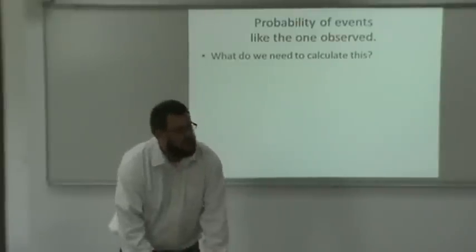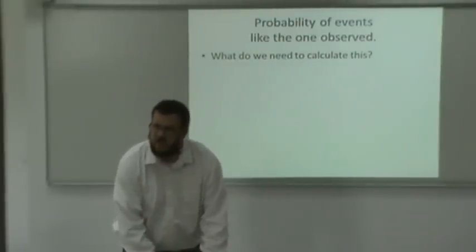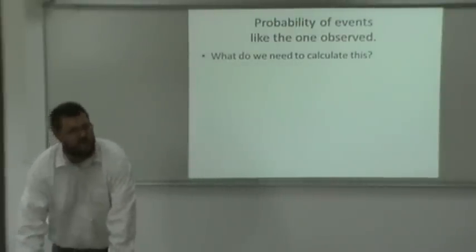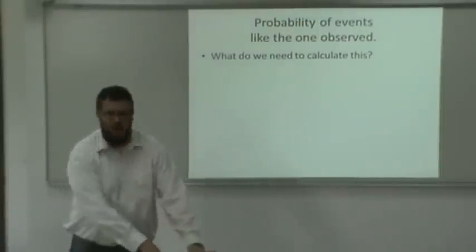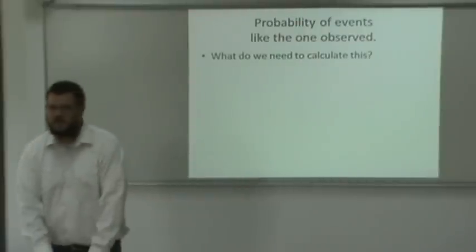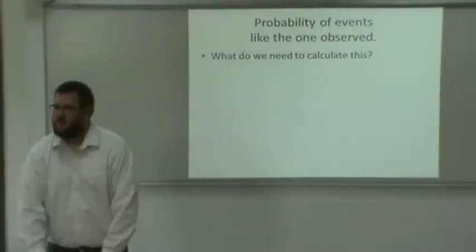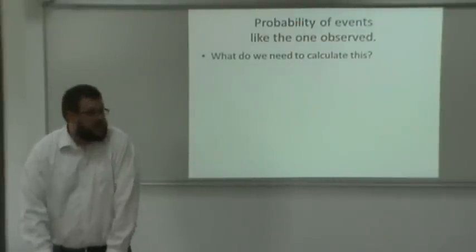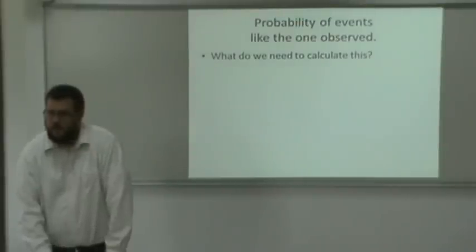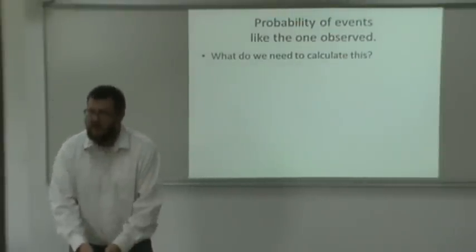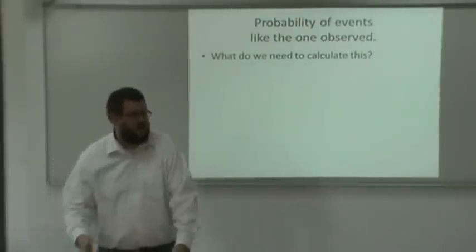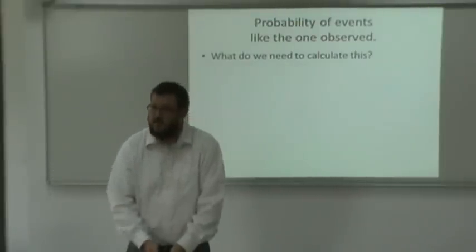So if we have the probability of the event that we observed, and we know the number of events that can happen like the one that we observed, we can multiply that probability times the number of events, right? Because the events are mutually exclusive. Getting the first 5 heads out of 10 flips is different than getting the last 5 heads in 10 flips.